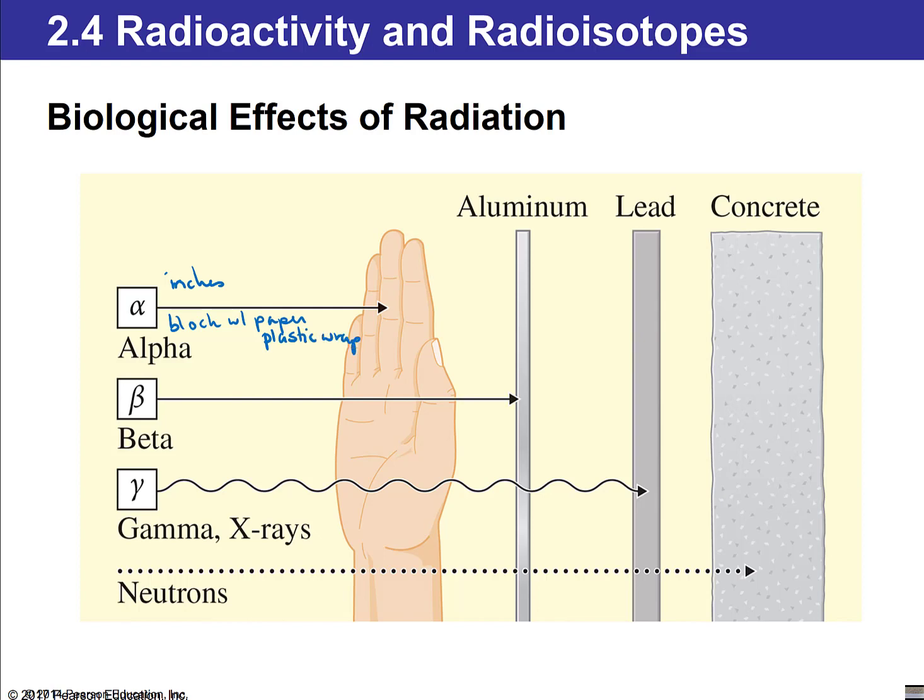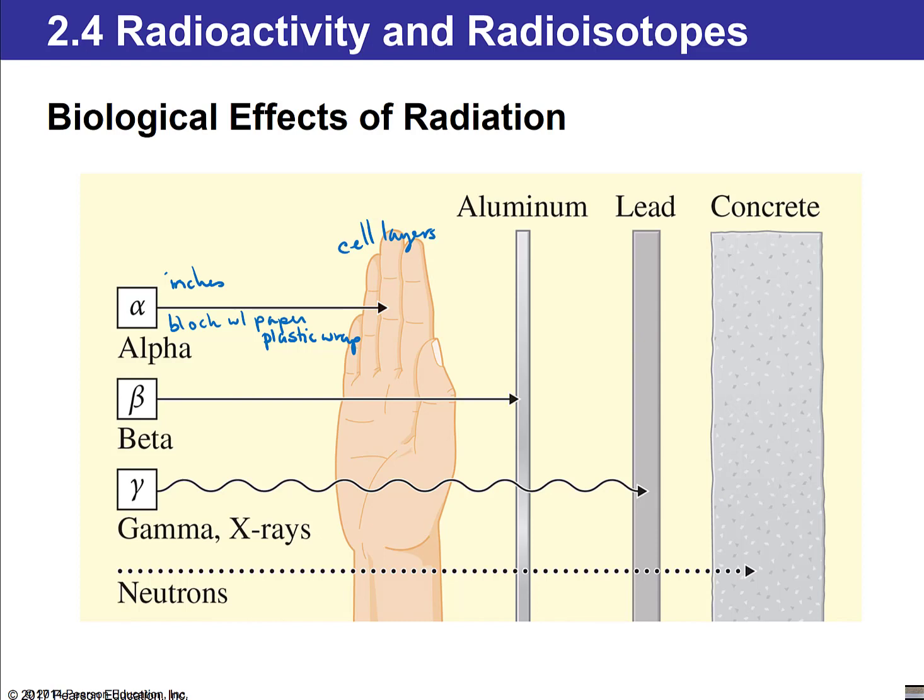If it does come in contact with the body, it only goes in a few cell layers. So it's a very short distance. With alpha, you're only talking about just 10 to 15 cell layers. So it really can't even penetrate all the way through the skin.